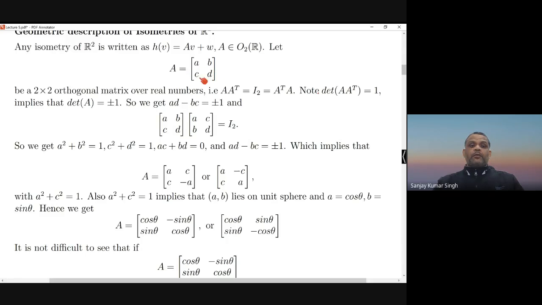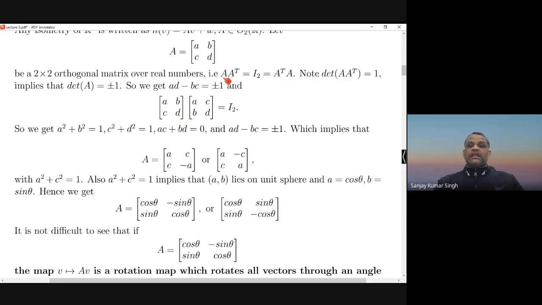Now use the property of orthogonal matrices. I know that the determinant of A is plus or minus 1, so we get ad minus bc, which is the determinant of A, equal to plus or minus 1. Also, the property A transpose A equal to identity gives you this.